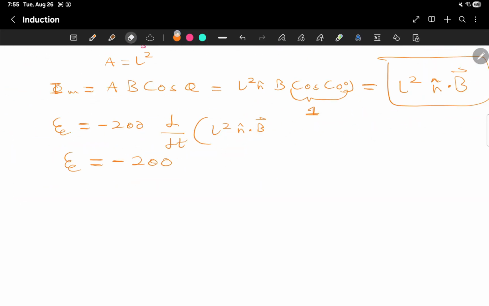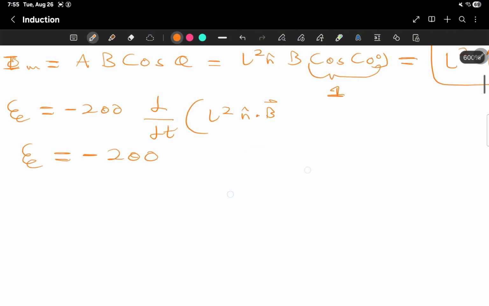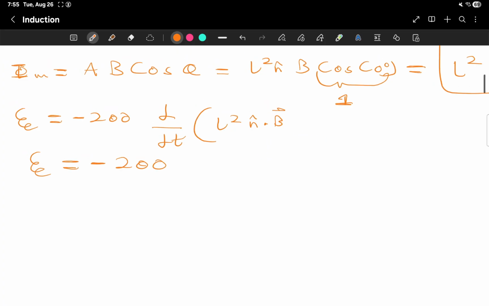While basically the length squared and the n hat vector are just constants. So when you take the derivative of a constant, you can just use the constant rule for derivatives. What you basically get is negative 200 times L squared n hat.